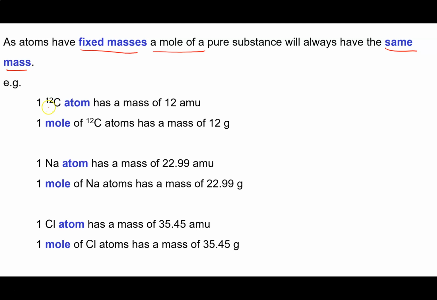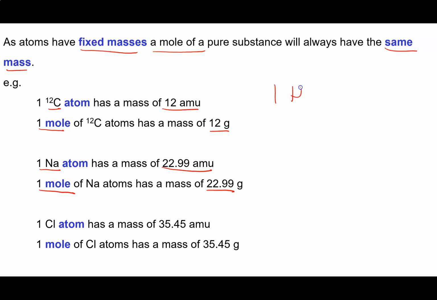So we know by definition that one carbon-12 atom has a mass of 12 AMU, so therefore a mole of carbon-12 atoms will have a mass of 12 grams. One sodium atom has a mass of 22.99 AMU. An Avogadro's number of sodium atoms, or a mole of sodium atoms, has a mass of 22.99 grams, and so forth. And we can also apply this to molecules.